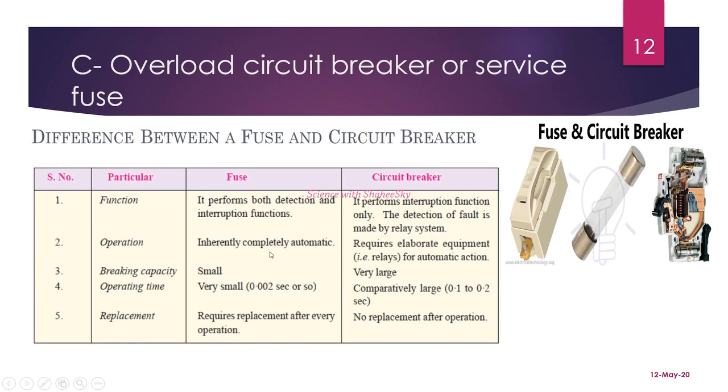The operation of the fuse is inherently completely automatic. The breaking capacity of the fuse is very small and that of the circuit breaker is very large. The operating time of the fuse is very small because its breaking capacity is also very small, and the circuit breaker's operating time is comparatively larger than the fuse.